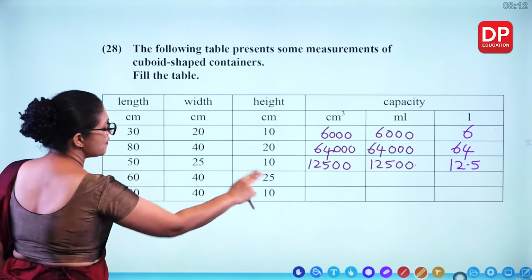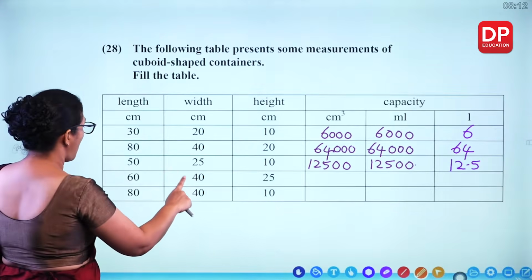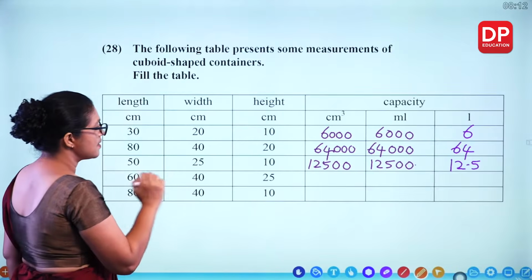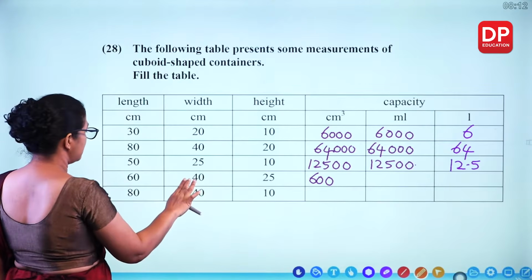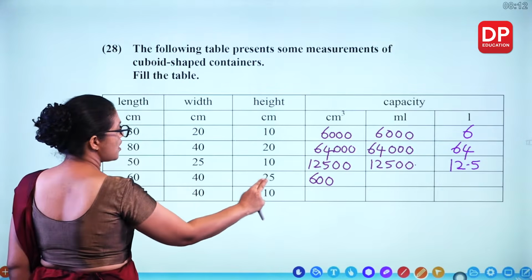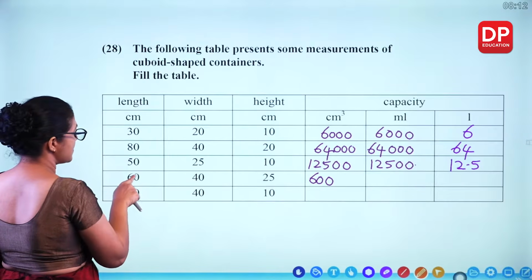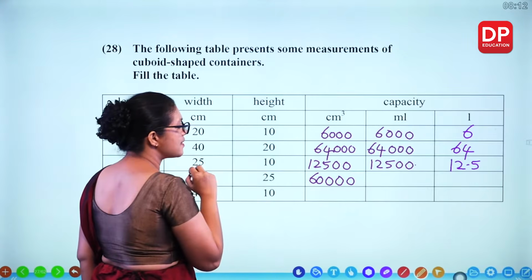This one, 25 times 4, 100. 100 times 6, 600. And here we have to put 2 zeros because we took 25, 400 and 6. 60,000.